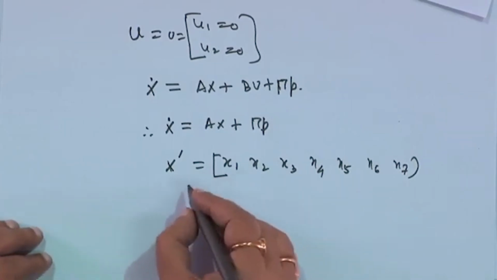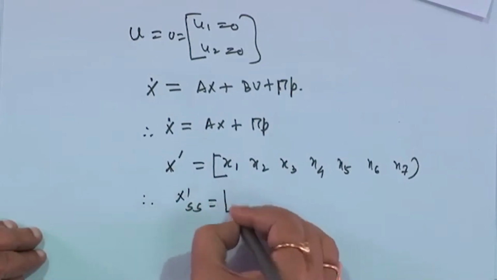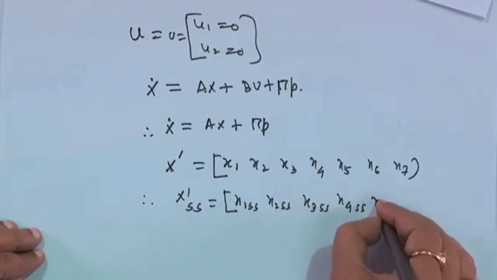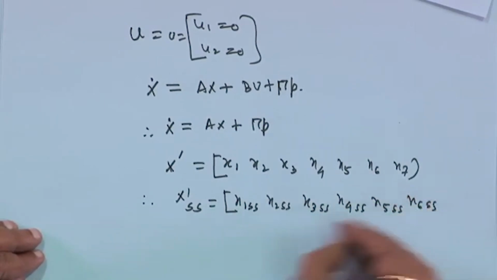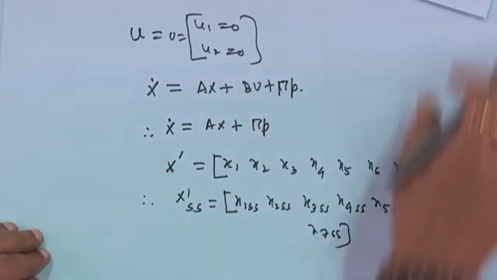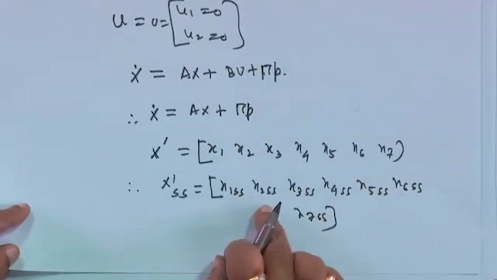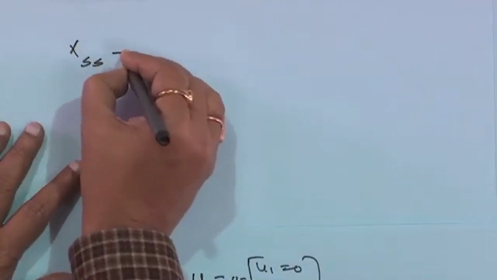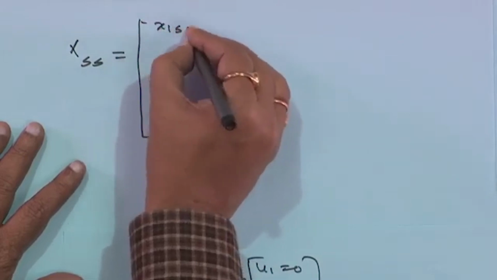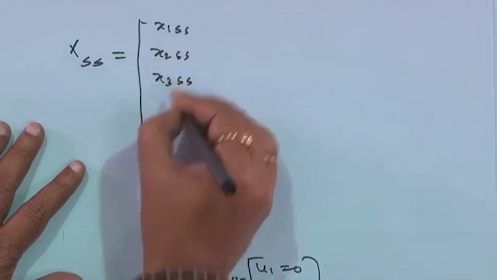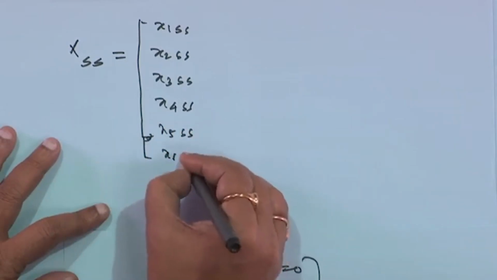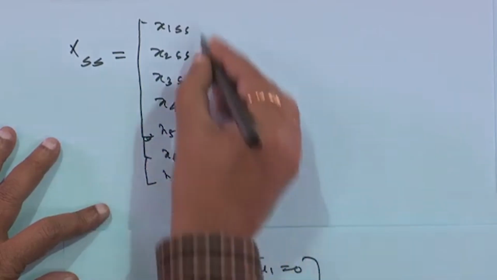At steady state, all of these will be x1 ss, x2 ss, x3 ss, x4 ss, x5 ss, x6 ss and x7 ss, where ss means steady state; all of these are the steady state values. So, x steady state is this vector, as you have also seen for the single area.